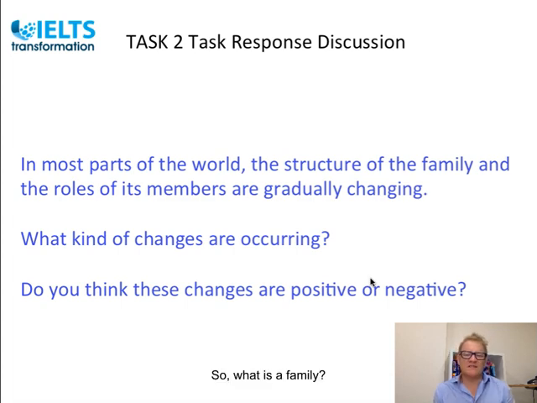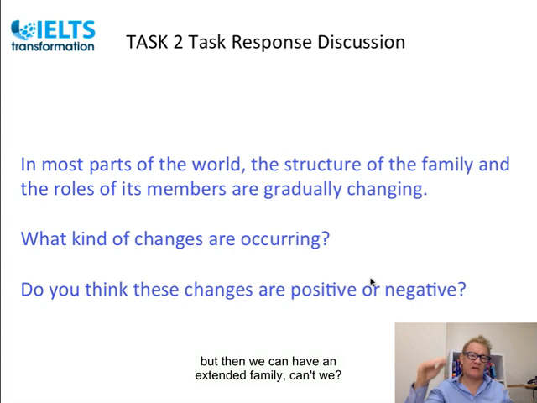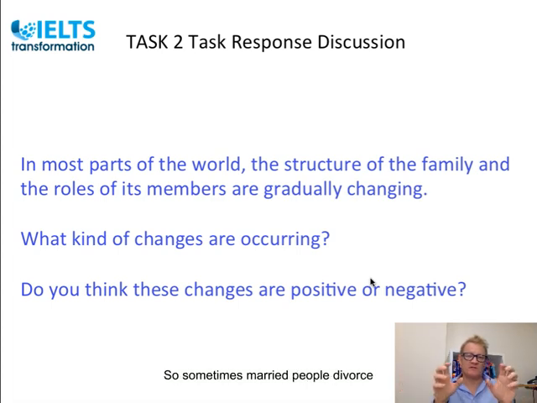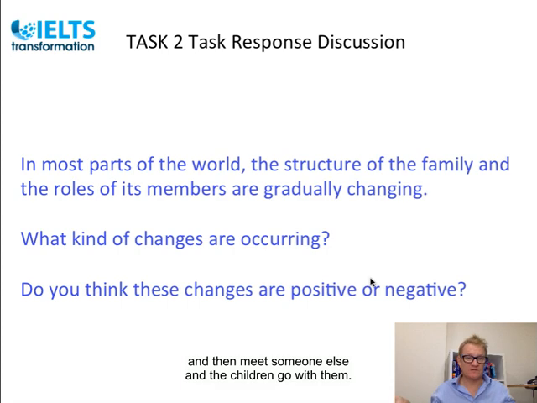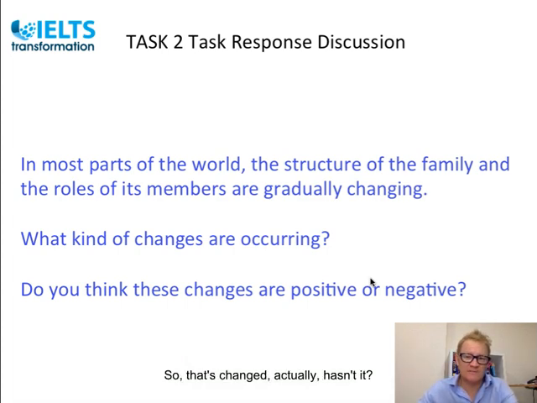So what is a family? A family is a group of people that are related to each other, so traditionally 2 parents and children, but then we can have an extended family, can't we? We can have grandparents, aunts and uncles, even nowadays more stepchildren, so sometimes married people divorce and then meet someone else and the children go with them, so that's changed actually, hasn't it?